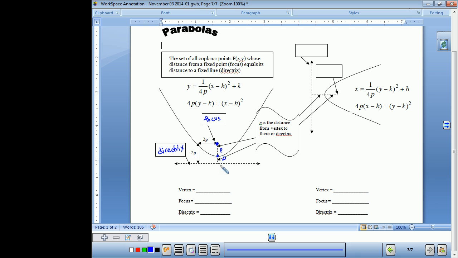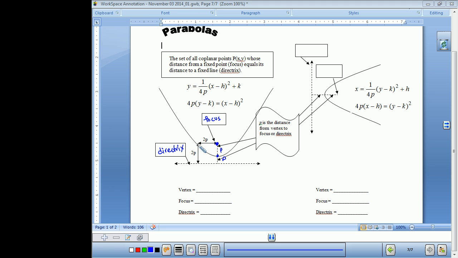Now, we looked at the video that showed us the graphing of that in class today. If this is P and this is P, this distance from here to here would be 2P, and this distance from here to here would also be 2P. How do we know that? Because these are equidistant: if this is 2P, this would have to be 2P.